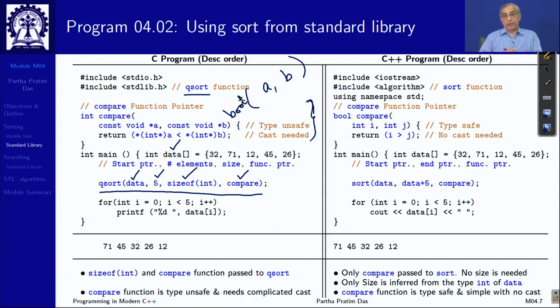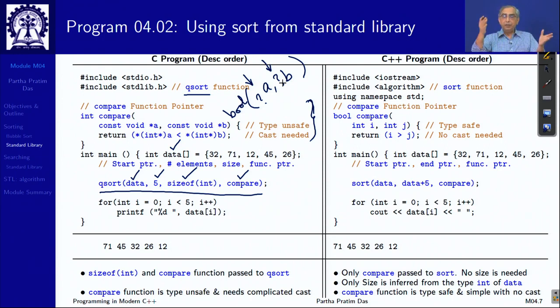Now, there is another big question, another stumbling block. If I want to say I am comparing A with B, I should be able to say what the type of A and the type of B is. Are they ints? Are they doubles? Are they strings? Are they user defined structures?